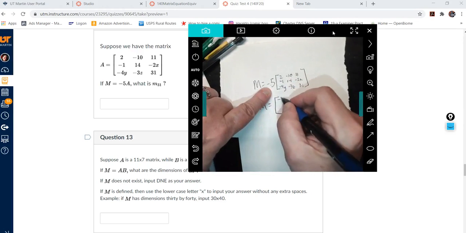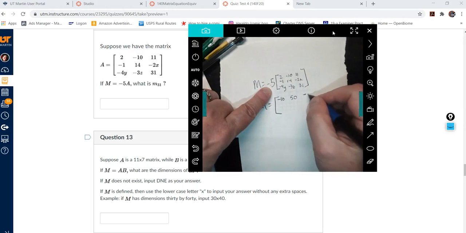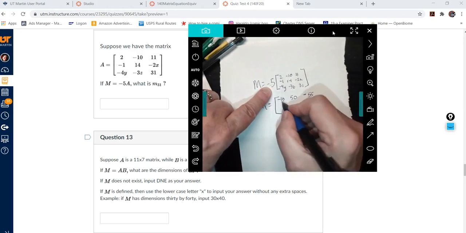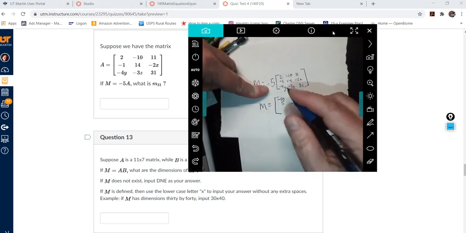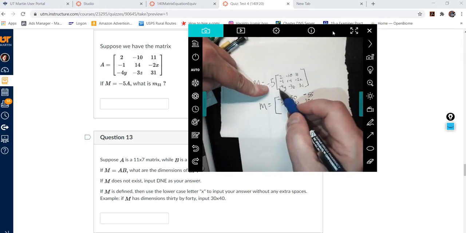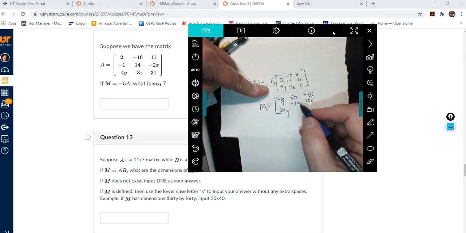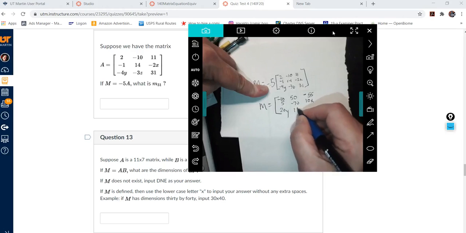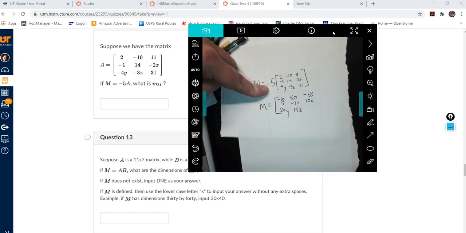So -5 times 2 is -10. -5 times -10 is +50. -5 times 11 is -55. -5 times -1 is +5. -5 times 14 is -70. -5 times -2x is +10x. -5 times -4y is +20y. -5 times -3z is +15z. And -5 times 31 is going to be -155.